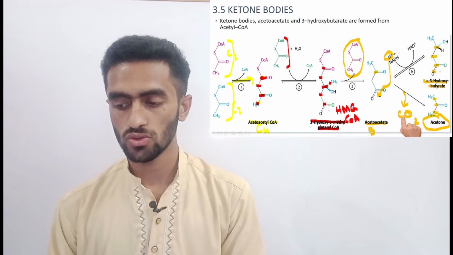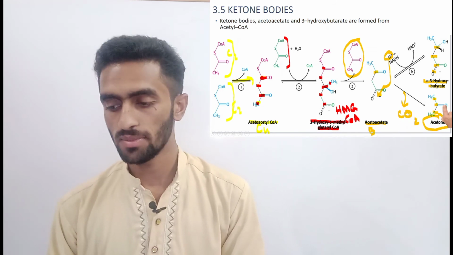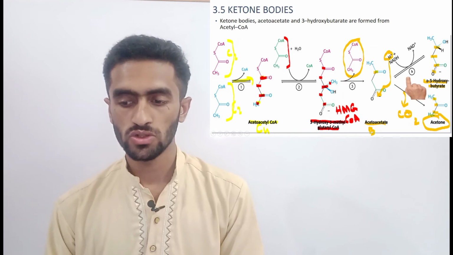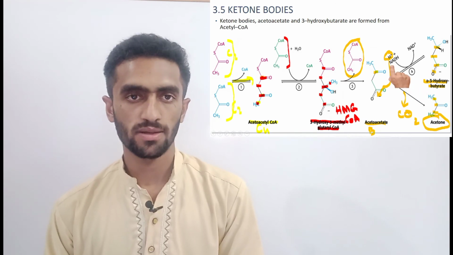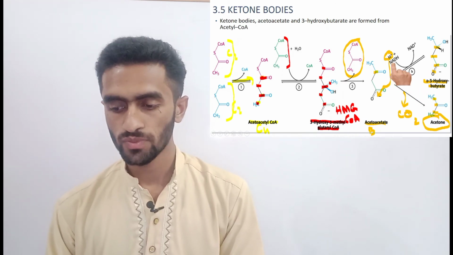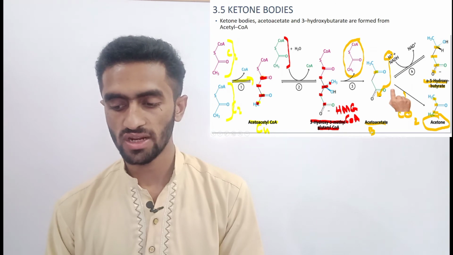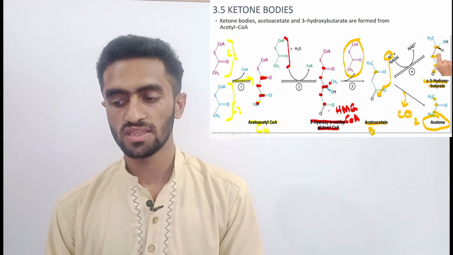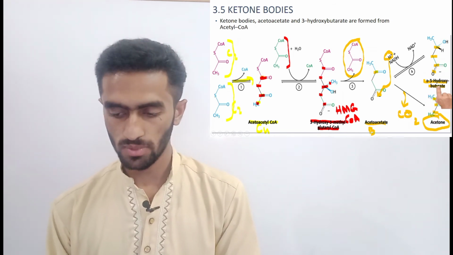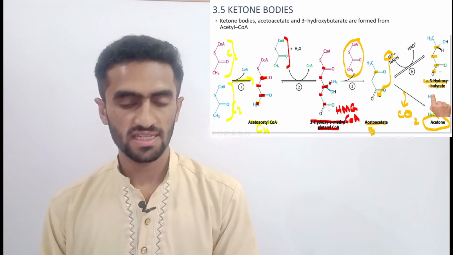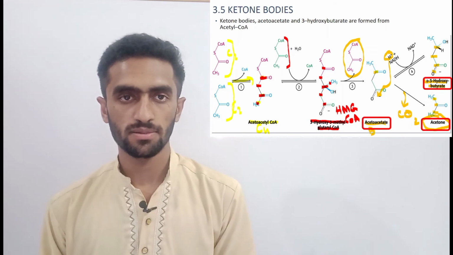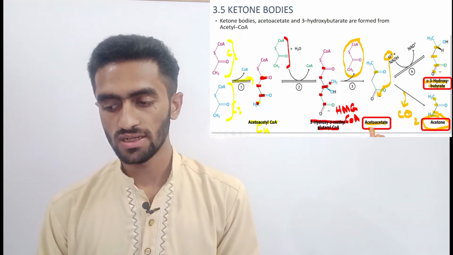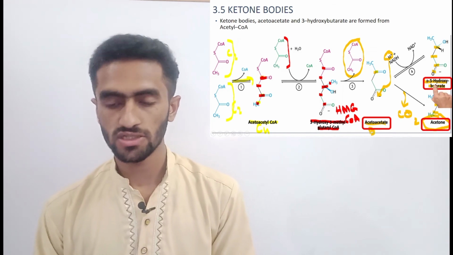CO2 is removed, so 3 carbons remain, and if NADH is available, NADH provides hydrogen to attach at this position. In this way, 3-hydroxybutyrate is formed. In this pathway, we have generated mainly three ketone bodies: acetoacetate, 3-hydroxybutyrate, and acetone.